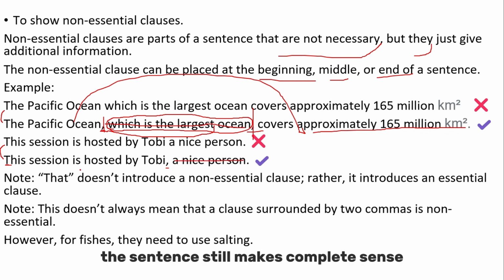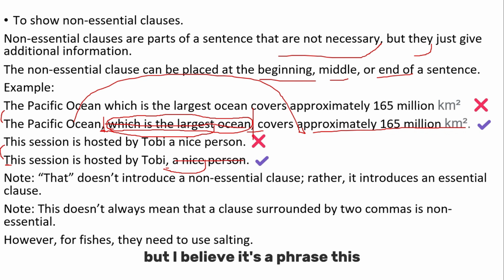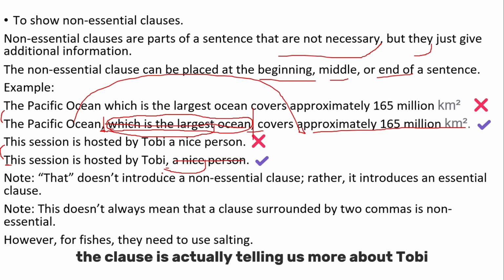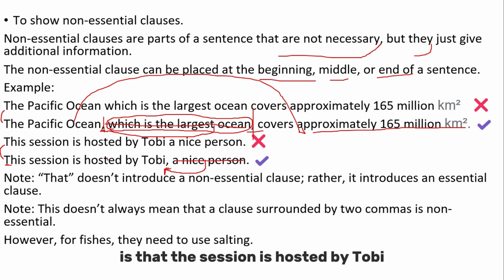The sentence still makes complete sense. So this phrase, a nice person, let's just call it a clause, but I believe it's a phrase. This clause is actually telling us more about Toby, but the main idea the sentence is trying to pass is that the session is hosted by Toby.